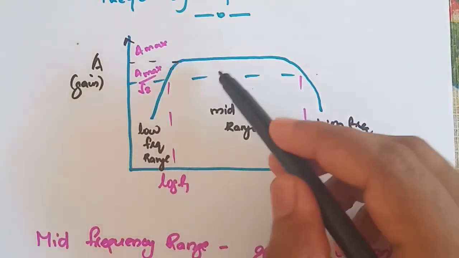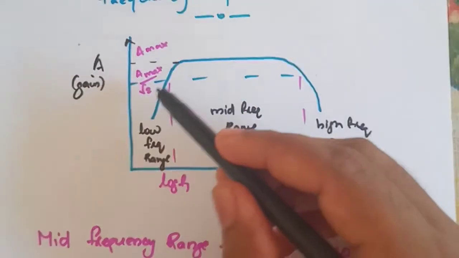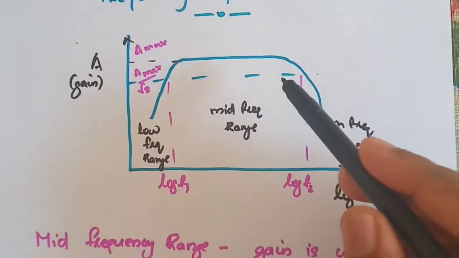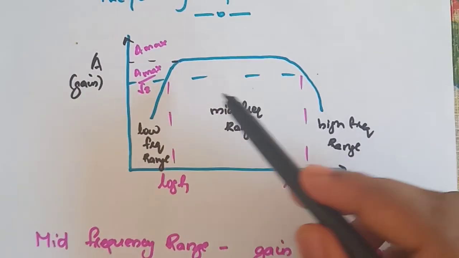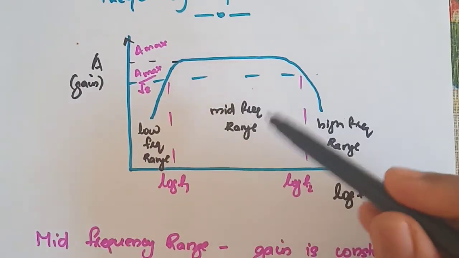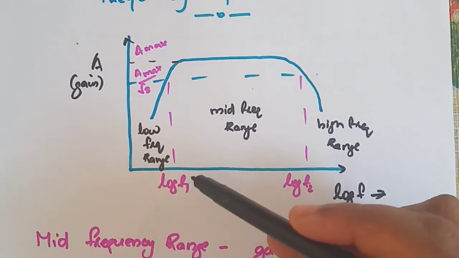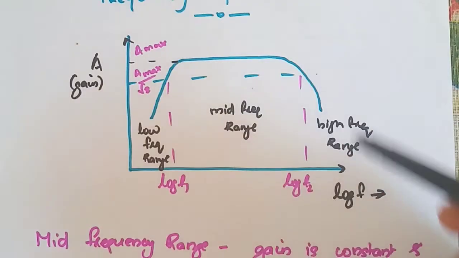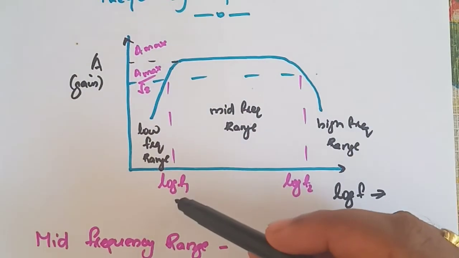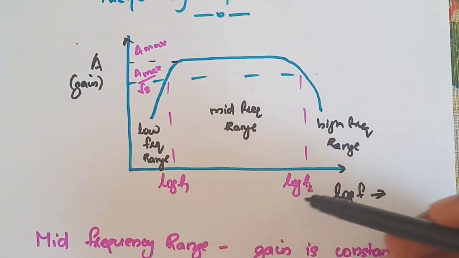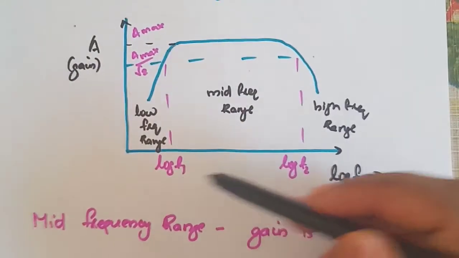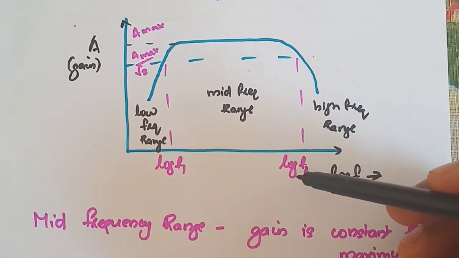A max is the maximum gain, and at A max by root 2 we draw a line. It cuts the curve at two points, and the corresponding frequencies are log f1 and log f2. Since it is drawn on a logarithmic graph, it is represented as log f1 and log f2, from which we can calculate the values of f1 and f2.